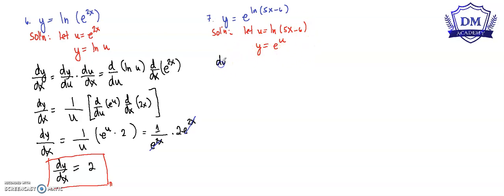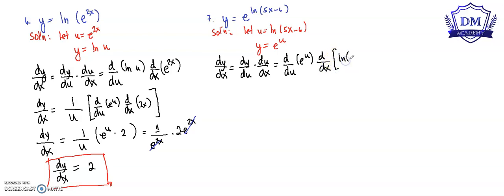Okay, using the chain rule, we have dy over dx is equal to dy over du times du over dx. And this is equal to d over du of y, which is e raised to u, multiplied by the d over dx of the ln of 5x minus 6.